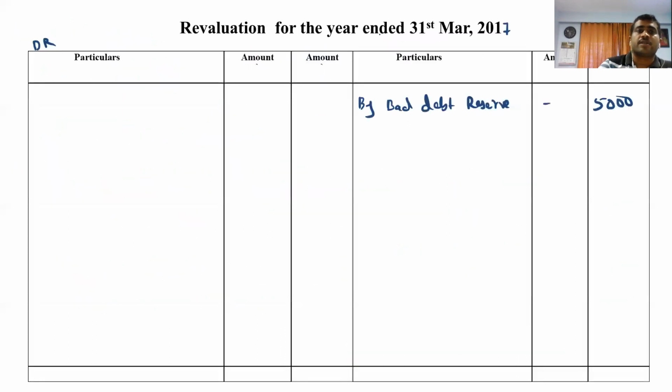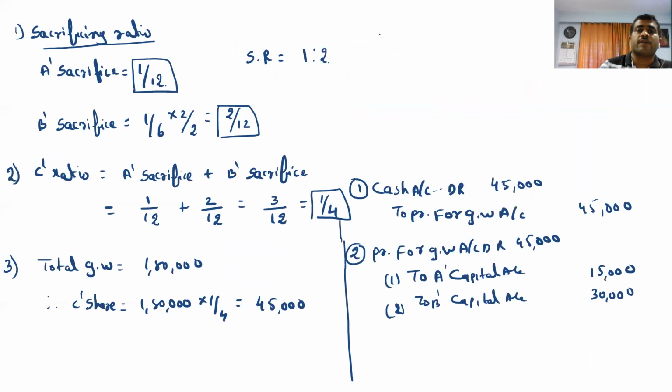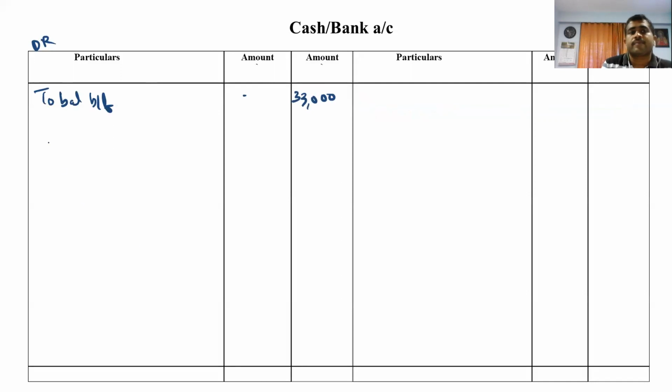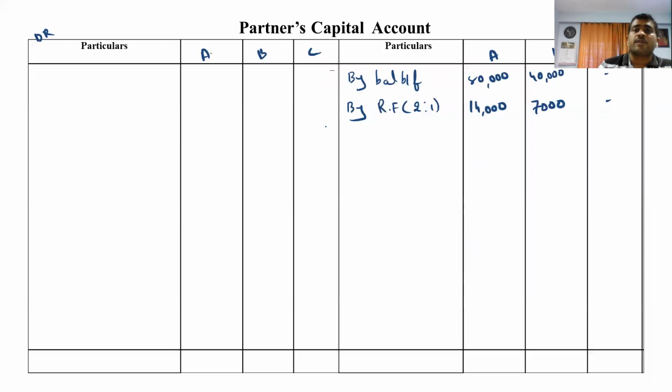So let's start. What is the working we have done? Cash to premium for goodwill. So cash account debit side. Cash debit, what do we write? To premium for goodwill. How much? 45,000. And this we transfer to where? This we transfer to partners capital account credit side.